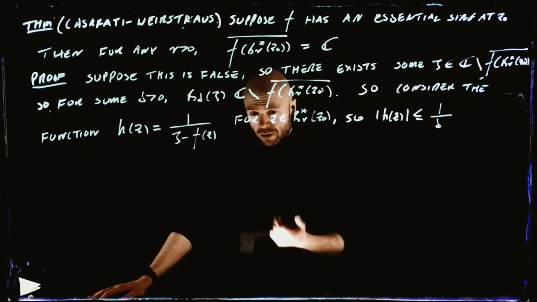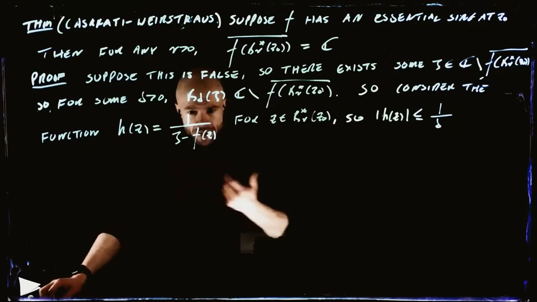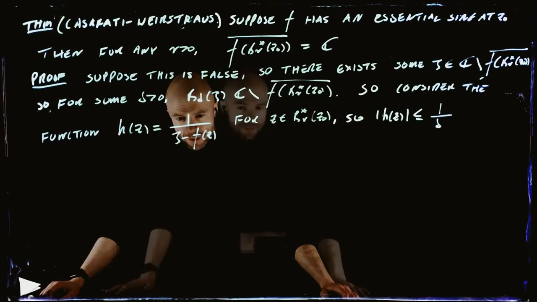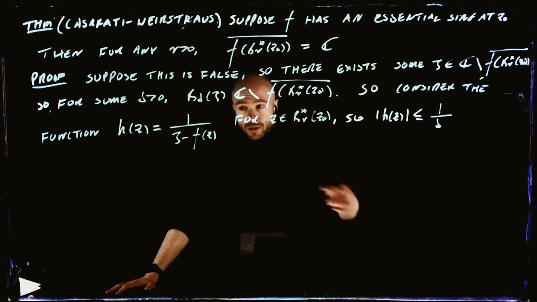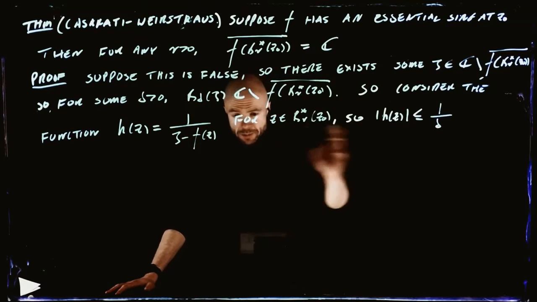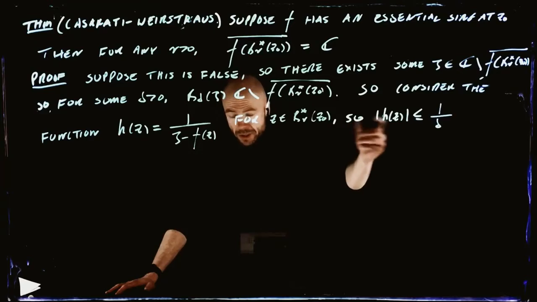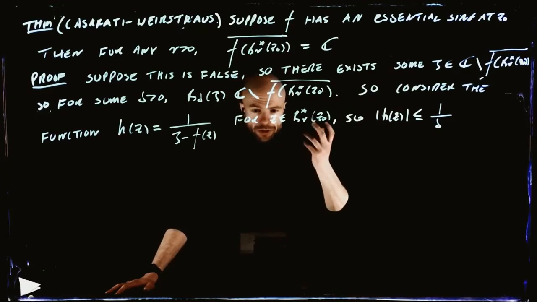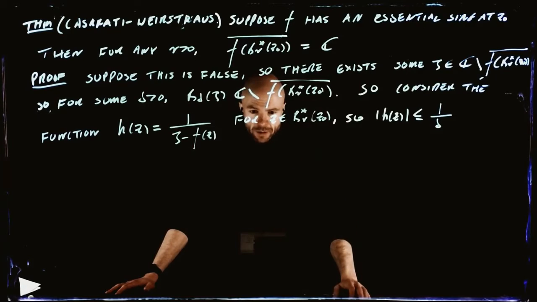Yeah, if it had a pole, then this thing would blow up as z goes to z0. That's what we just learned. So does it have a pole at z0? Yep. So it can't possibly have a pole because it's bounded. In fact, this property of being bounded as we approach z0 is exactly necessary and sufficient to be a removable singularity. Yeah?